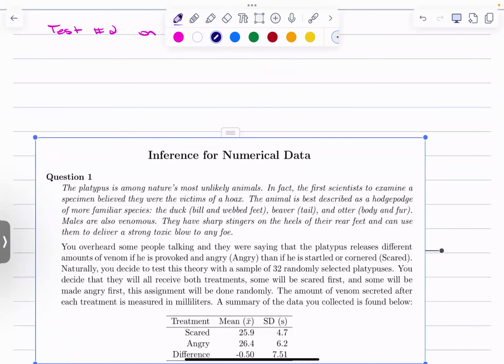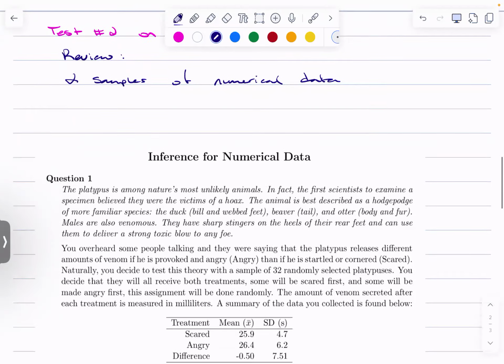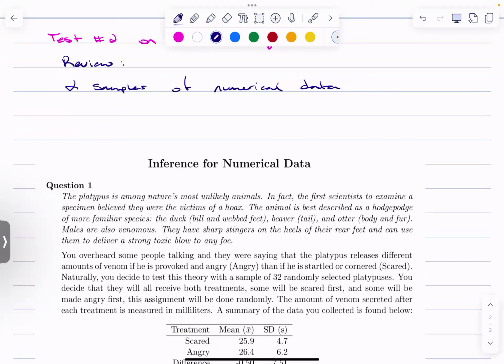Let's do a smidge of review of that video. If we have two samples of numerical data, measurements, things like that, anything that you can talk about the average for, that's numerical data.